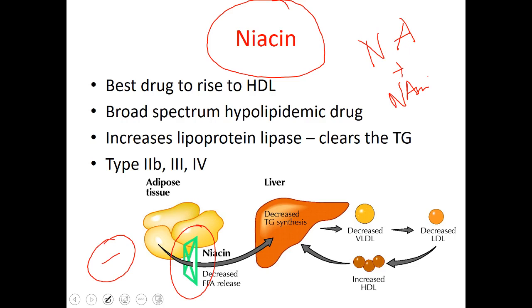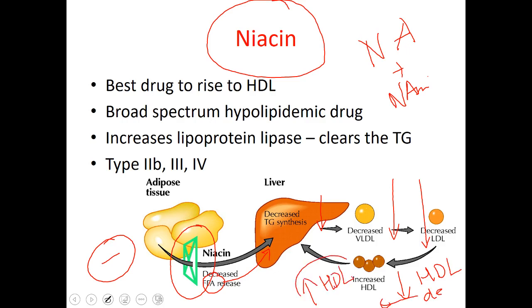So thereby it reduces the free fatty acid that is delivered to liver. So reduced triglycerides, reduced VLDL, reduced LDL. And niacin also reduces HDL degradation. So it prolongs the half-life of circulating HDL. So it finally increases HDL levels in the blood.